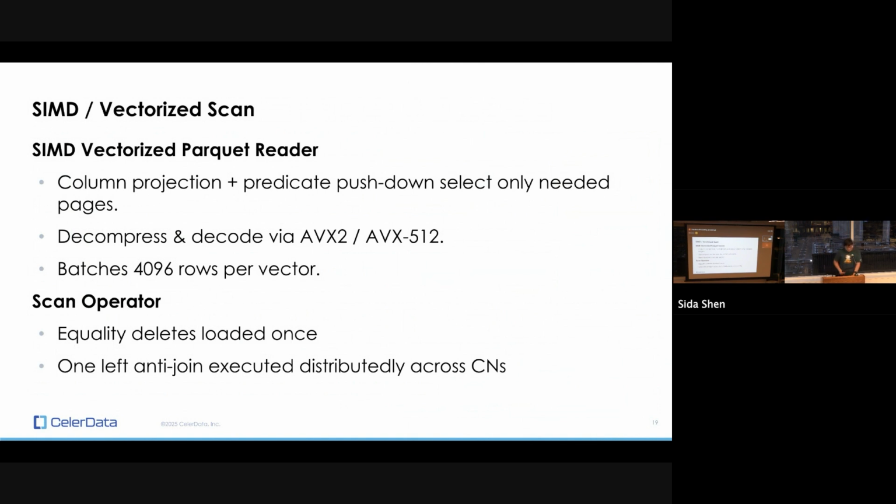Merging equality delete files and data files is an extremely expensive process, right? So what we did, we figured out that equality delete and data file is basically a left anti-join, right? So instead of doing that on a per node basis, we basically read all of the equality delete files and all the data files and do a big left anti-join, which is what StarRocks is best at, right? So basically to MPP this equality delete read process, right? To make this actually usable in production.